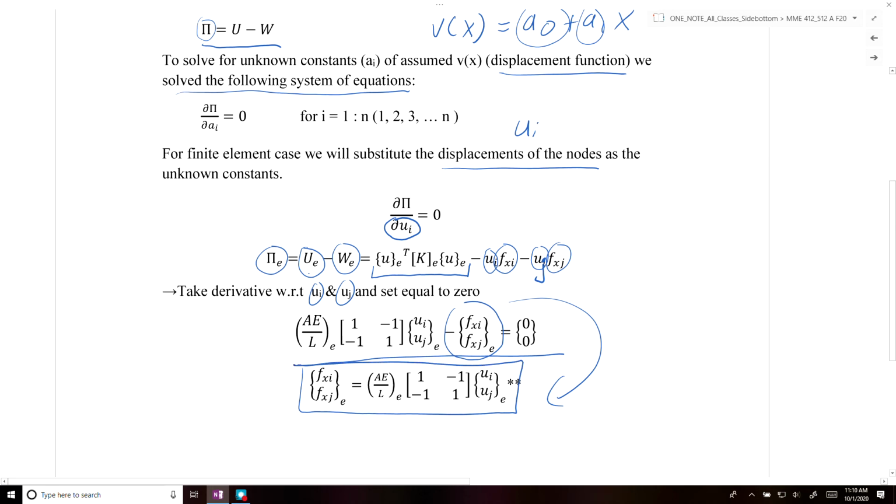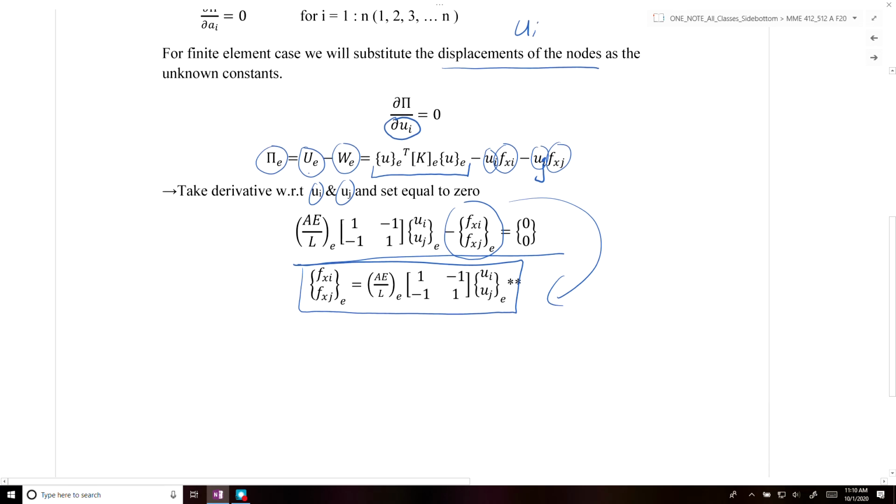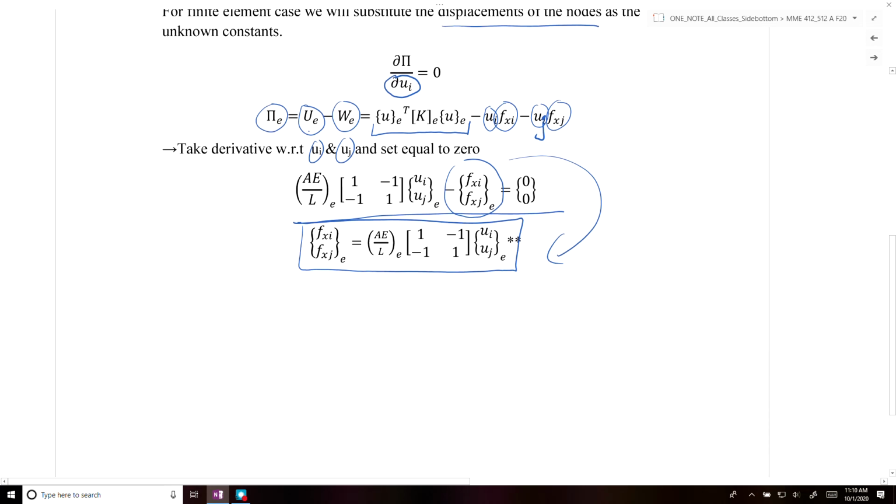All right. So we can then use this equation to solve for our unknown.